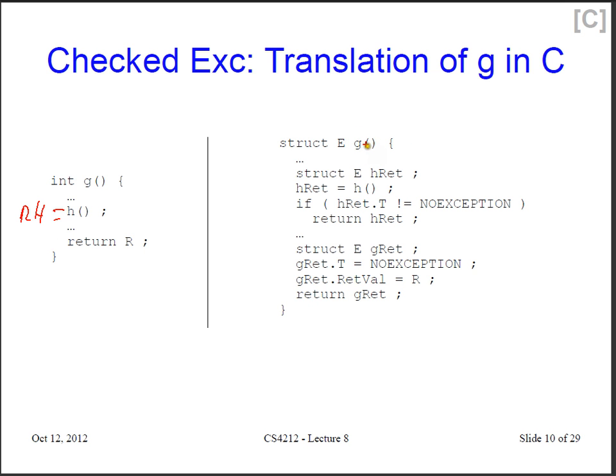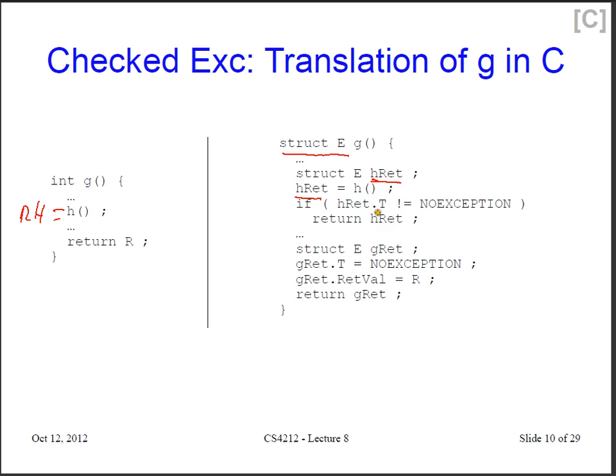So let's see, how is G instrumented? In the same way, right? We're essentially returning a structure, and this structure would have a type that reflects whether an exception is being thrown or not. So what we do is we translate into C, and when we reach the point of calling H, we set up this structure that should hold the return value, the instrumented return value, and we use it to collect the return from H. So now H may be throwing an exception or not, right? So how do we know?